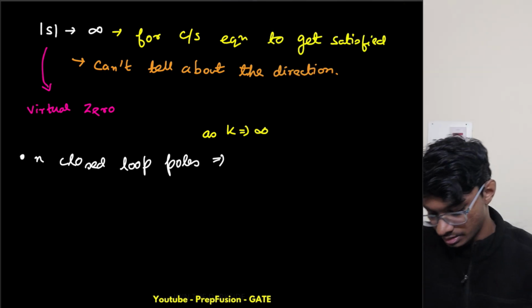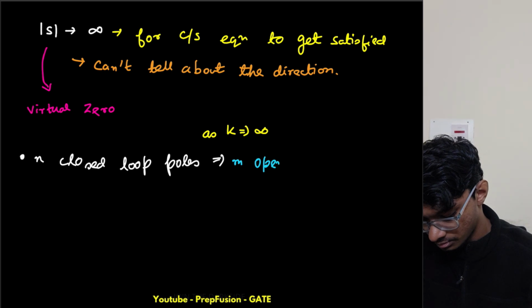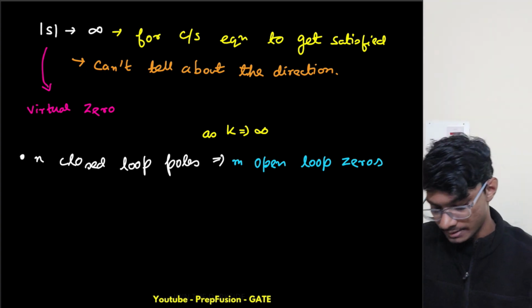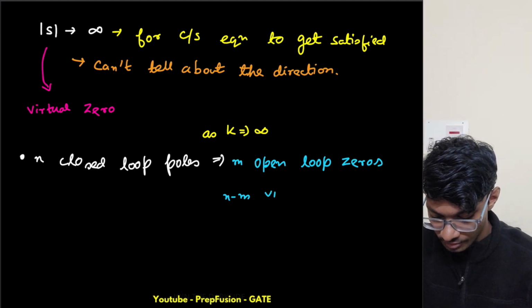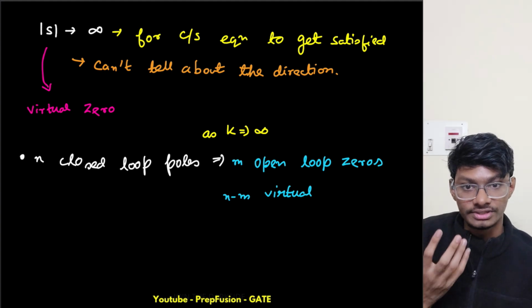As k tends to infinity, I will have m open loop zeros, and n minus m virtual zeros, because the remaining, I will have n poles of CLTF, right?